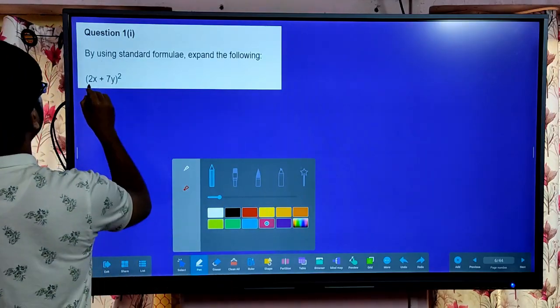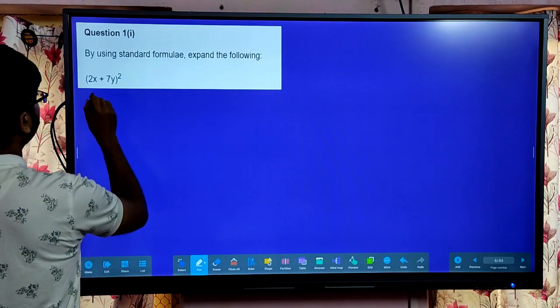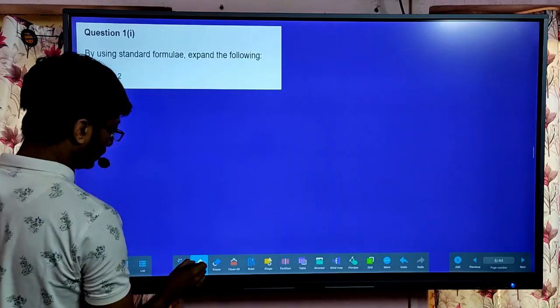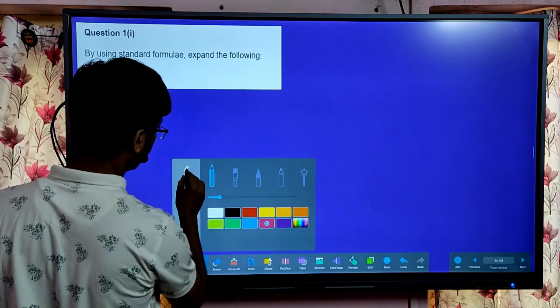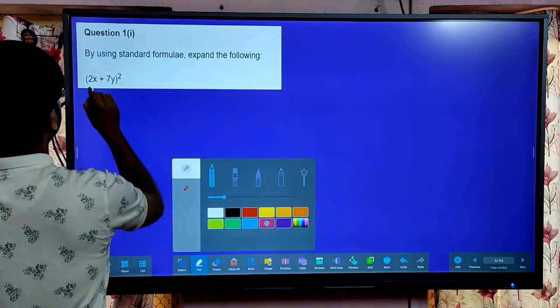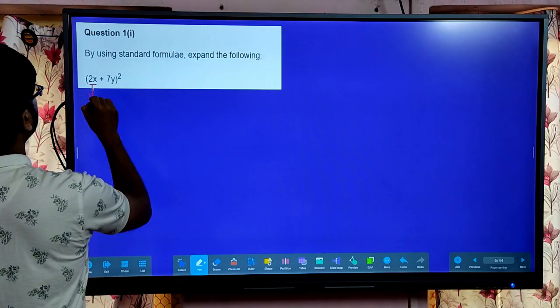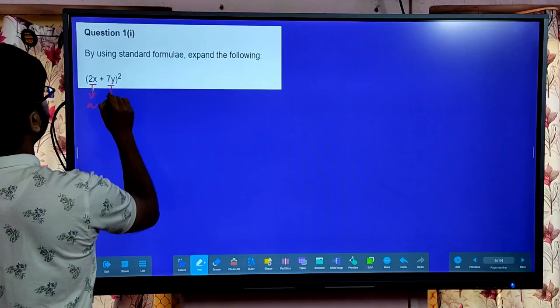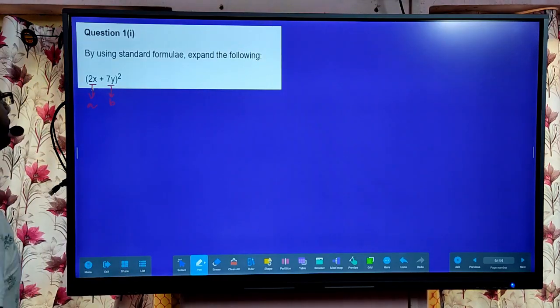This 2x will be a and this 7y will behave as b.